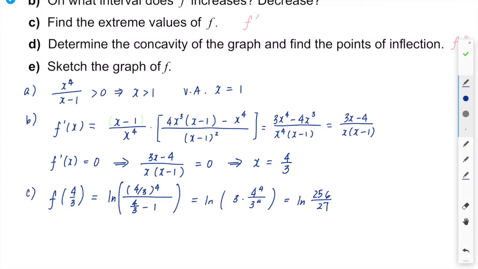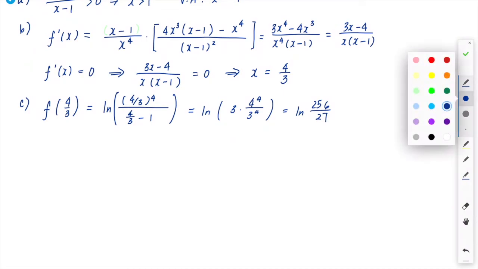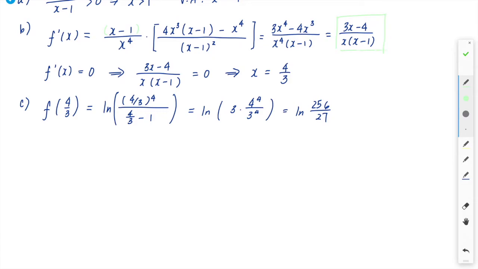D. Determine the concavity of the graph and find a point of inflection. I will take my result here. This is my f prime of x, and derive that again. I'll differentiate that again.